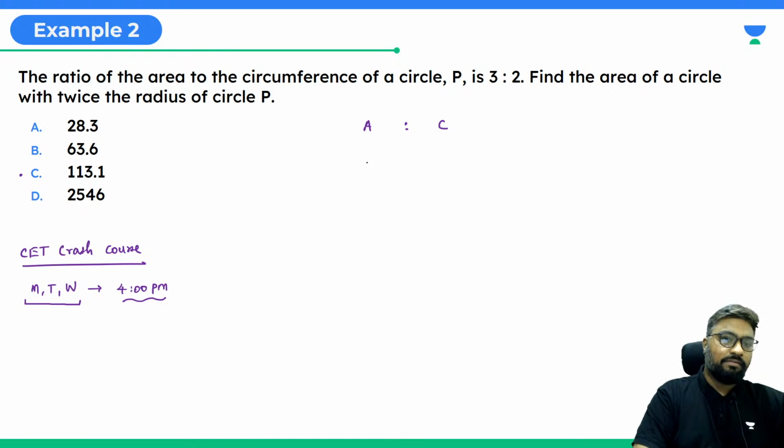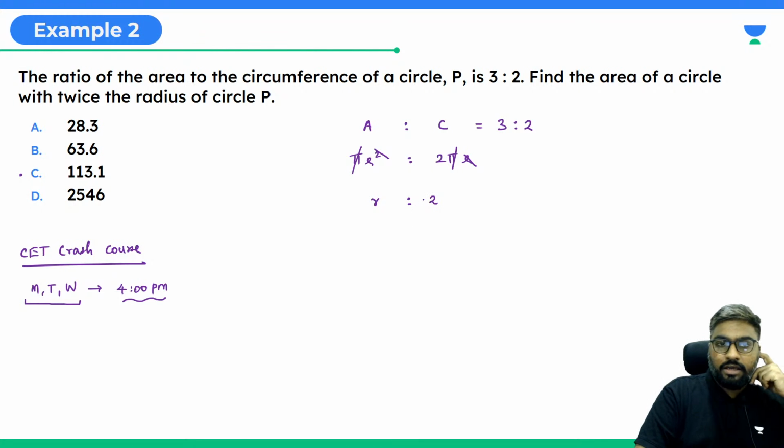What is area? Area is nothing but pi times r square. What is circumference? 2 times pi times r. So pi gets cancelled, one of the r gets cancelled. What are we getting? We are getting r is to 2 is 3:2. Agreed?